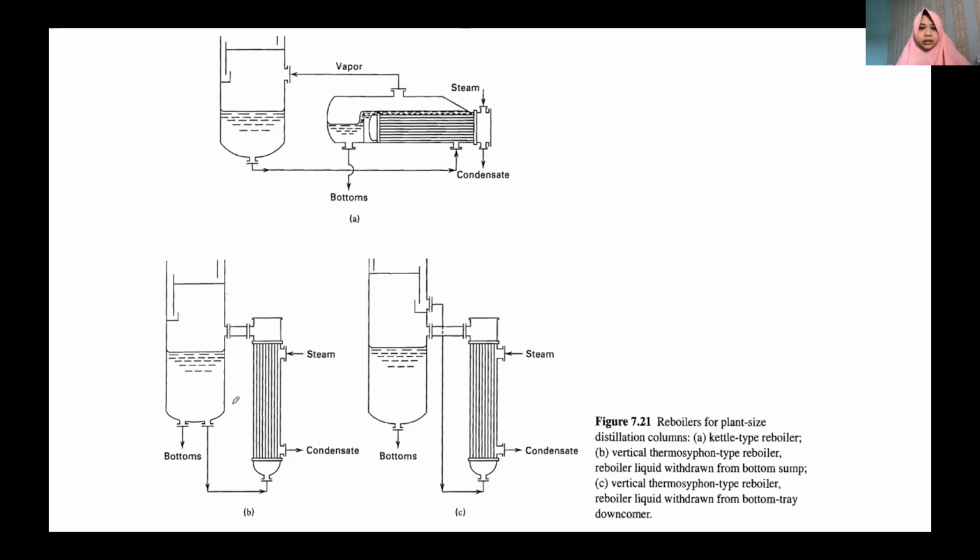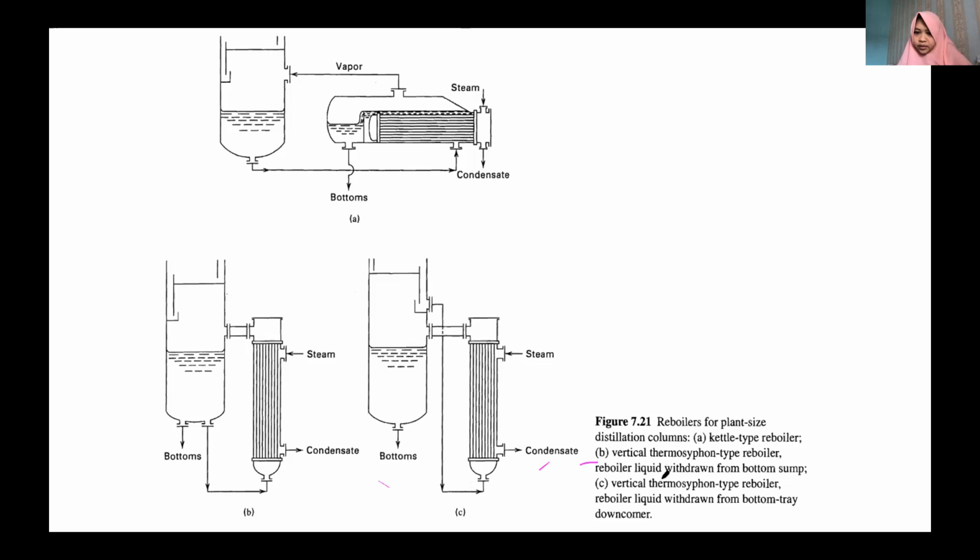This one is a thermosiphon type reboiler, where the reboiler liquid is drawn from the bottom sump. The third one is a vertical thermosiphon type reboiler, where the liquid is drawn from the bottom tray downcomer as well.